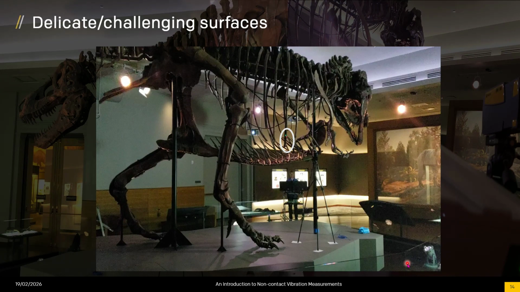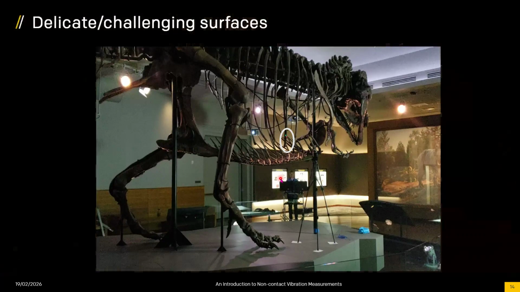This is a classic example where non-contact is the way to go, because you don't want to mount any kind of contact transducer to a literally one-of-a-kind structure. Here you see a couple of different vibrometers that we were using to measure. The excitation was acoustic, using a speaker, and we were checking how much certain parts of the skeleton move. So that's one example.